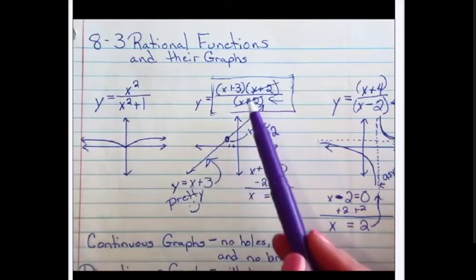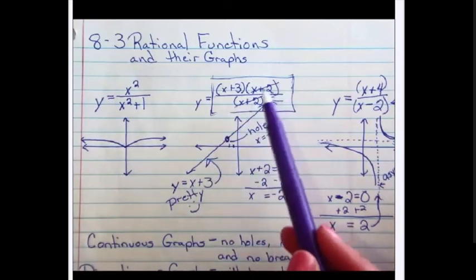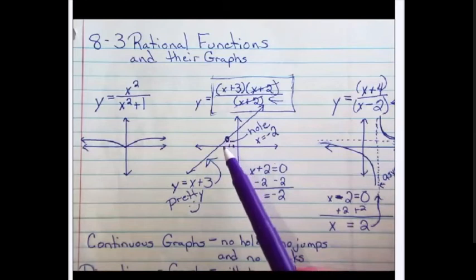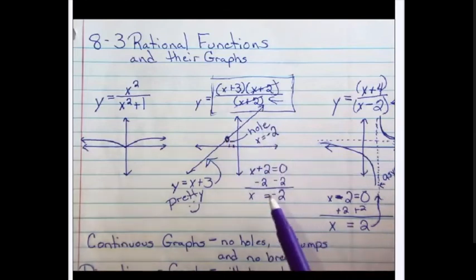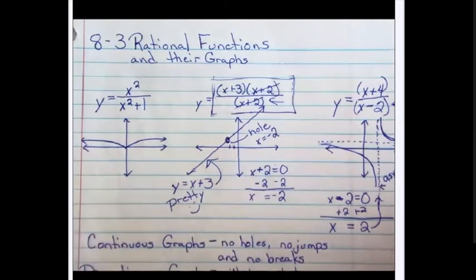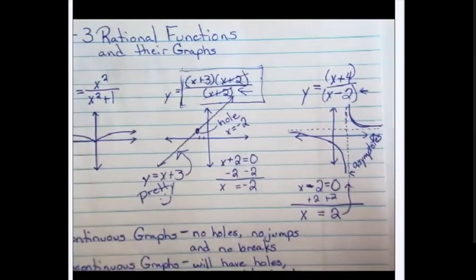Then we did one like this where the x plus 2 canceled out, and we ended up with that hole where the denominator was equal to 0. So at x equals -2, there was a hole in the graph. And I showed you how your calculator or Desmos doesn't show you where that hole is. So it just looks like a regular old graph, but we have to know what it looks like.